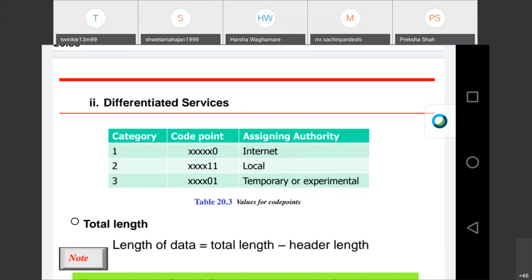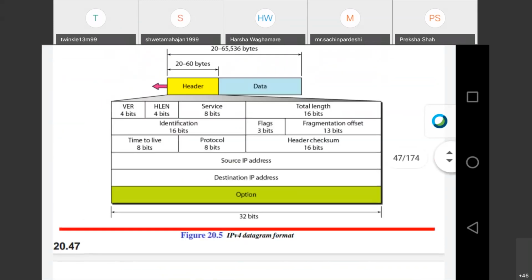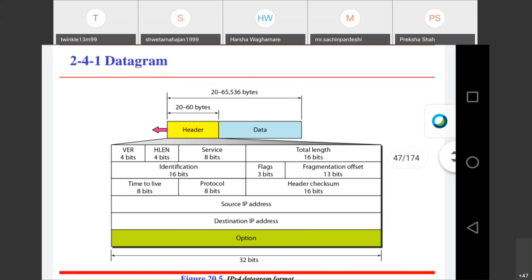Okay. We have seen version, IPv4 or IPv6, header length 20 to 60 bytes, and service, that is type of service. Now the 16 bits tell us the total length of the datagram. It means the header plus data. Now why is this field required?